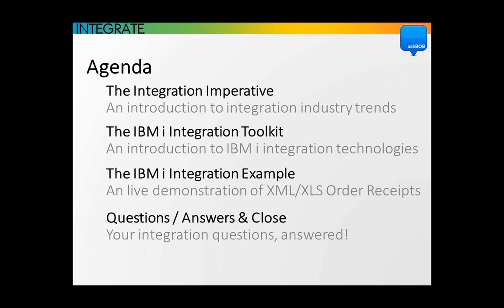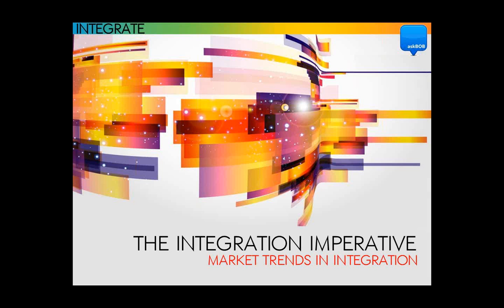I'll then move to the IBM I integration toolkit and provide you with a few solutions that can help you today. This will lead us nicely into today's presentation, which will involve a common scenario of being able to accept and process purchase orders in XML or XLS. We'll close the session by answering your questions, so don't be shy, send those questions in.